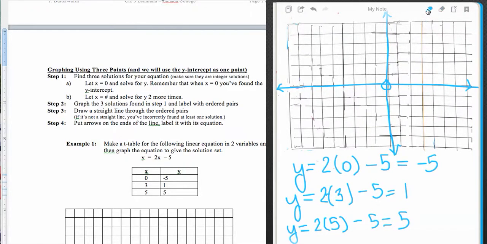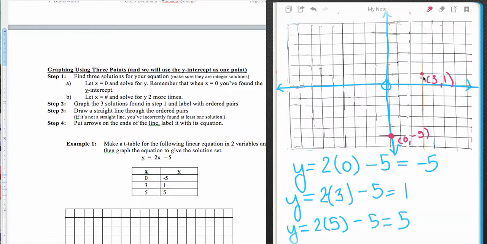So I'm going to put in 0, negative 5, going 1, 2, 3, 4, and 5. So that point right there, not forgetting to label it with its ordered pair. And then the next one, I'm going to put in x equals 3 and y equals 1, and label it, of course, 3, 1.